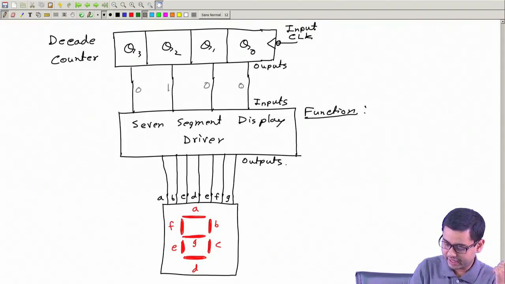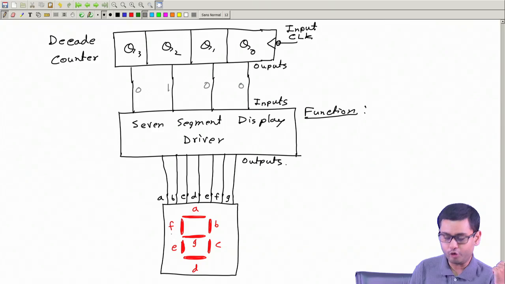So this is binary 4, right? That means the counter is at count value 4. So the function of this driver is to set these 7 outputs in such a way that these LEDs show the number 4.